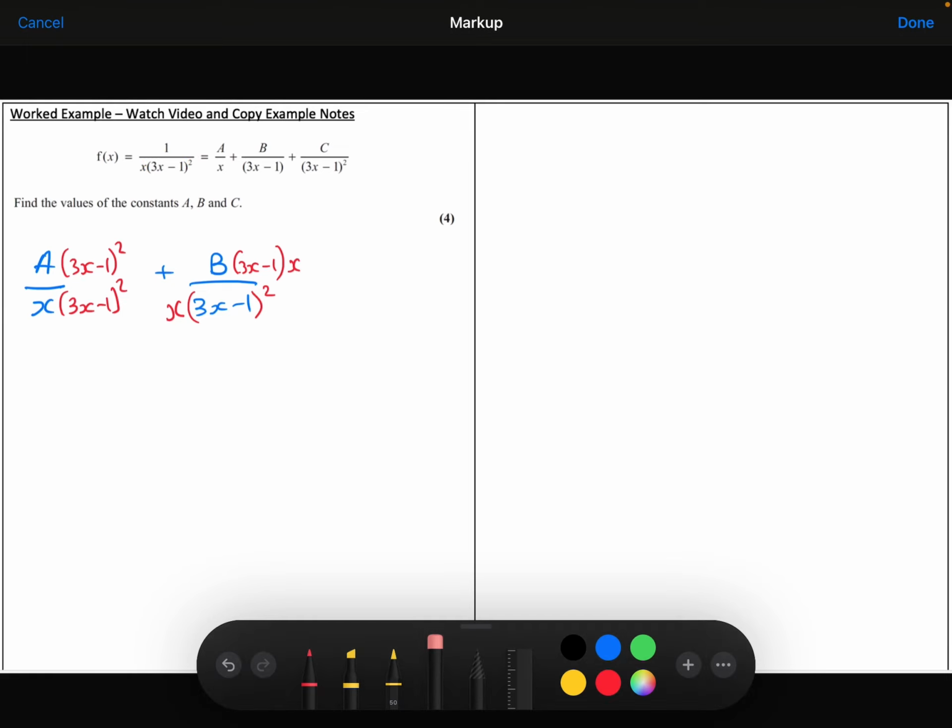Next, let's move on to the c over 3x minus 1 all squared. I've already got the 3x minus 1 squared, but I don't have the x, so I am just going to multiply top and bottom of my fraction by x.